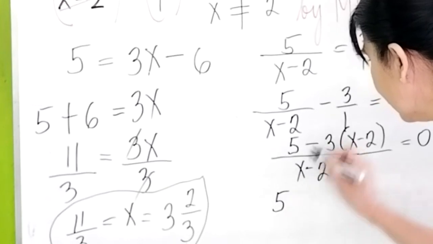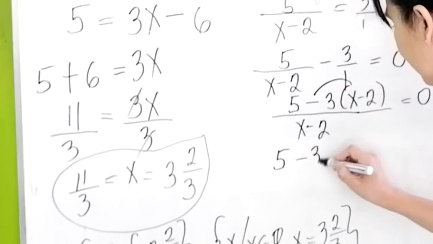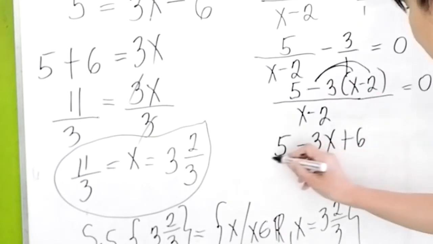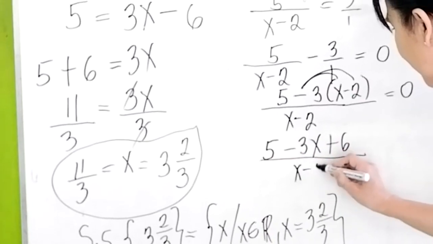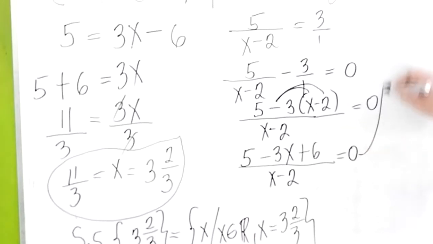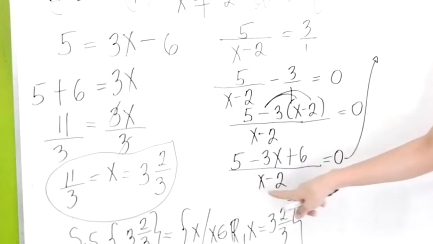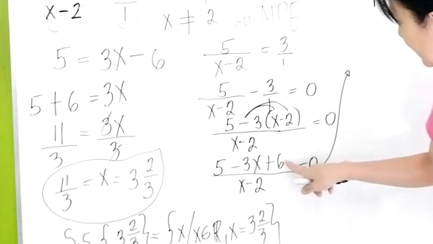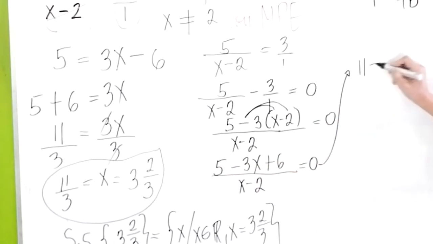So 5 minus 3x plus 6 all over x minus 2 is equal to 0. And then from here, we simplify. 5 plus 6 is 11 minus 3x all over x minus 2 equals 0.